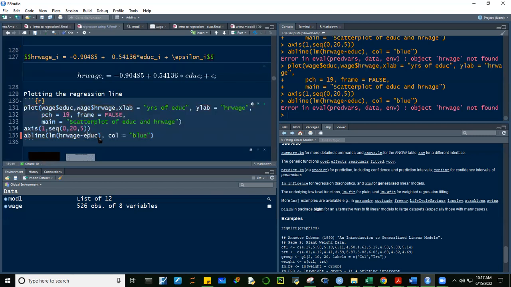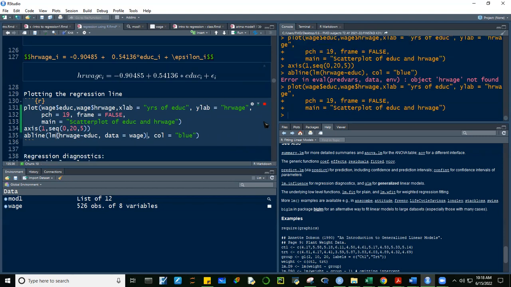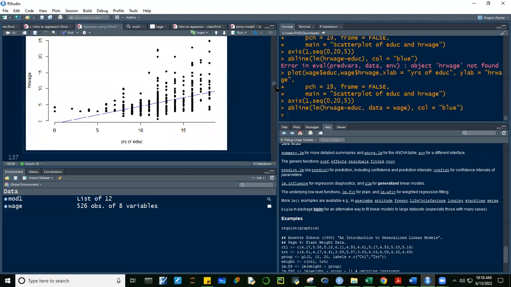Okay, may kulang ako dito. Dapat, sorry, data is equal to wage. Okay. So, example guys, ito, lm, hourly wage and education. Nakalimutan ko yung data. So, hindi alam ni R, teka muna, ano yun? Wala akong alam na hourly wage at saka education. Kasi si hourly wage at saka si education, variable siya ng wage data. Okay. So, okay na to. Let's run this.